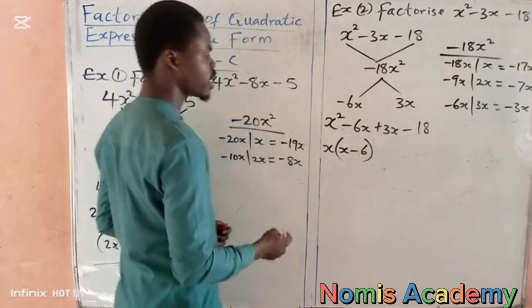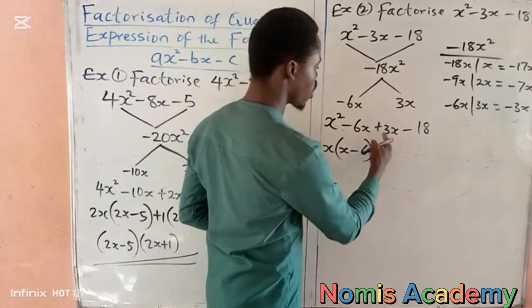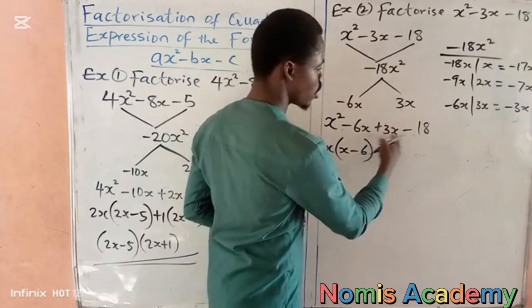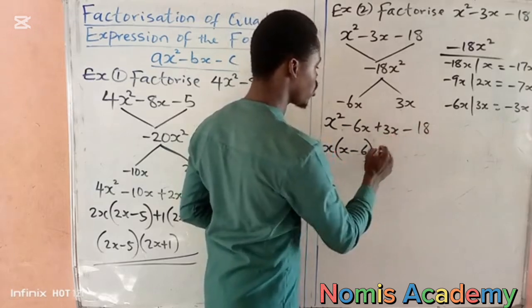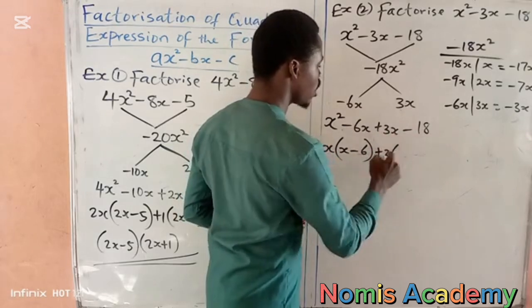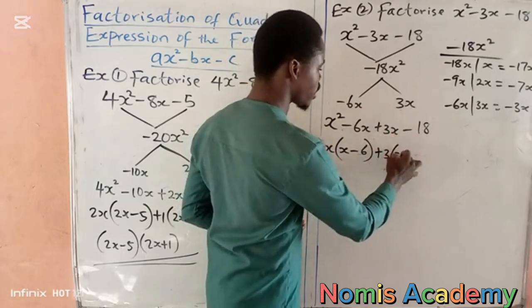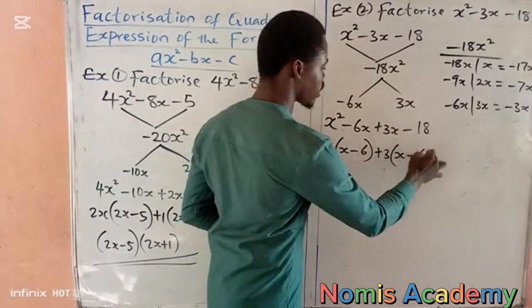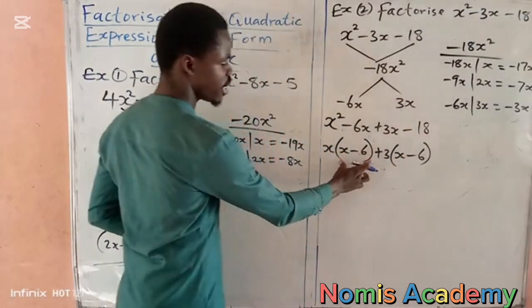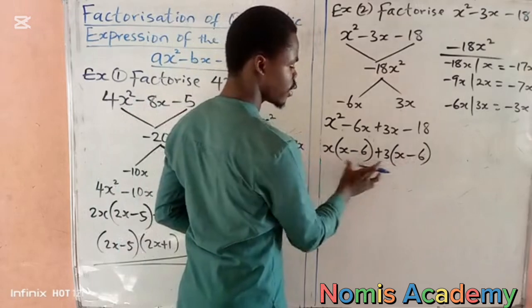We go to the next two terms. What is common between these two? You can see that 3 is common. We can get 3 here and also here. So plus 3 is common. 3x divided by 3 is x. Minus 18 divided by 3 is minus 6. So you can see that this bracket and this are the same thing.